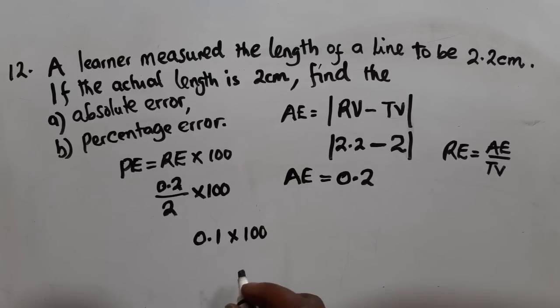So what do we get here? This is going to give us 10. So we are going to get 10%. All right? I hope that is what you are also getting.